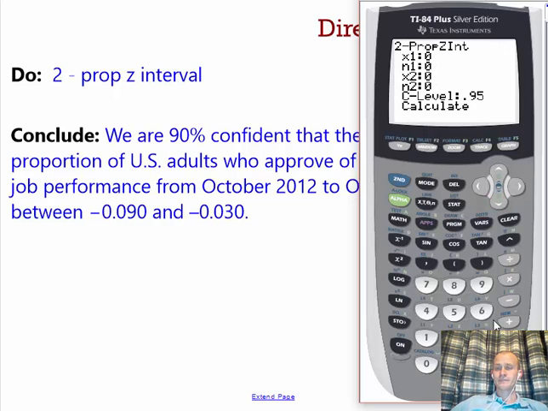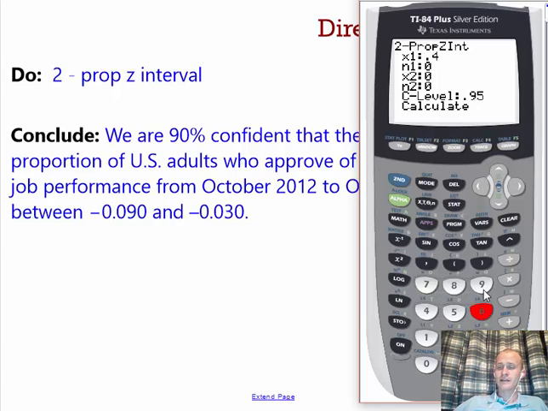So we hit enter, and you'll notice that it looks like this. That X sub 1 is the number of people who answered in this specific condition that meets number 1. So we are looking at President Obama's approval ratings from 2013. So we're going to type that in first. That was 0.46. So if you look back at the other page, it's 0.46.